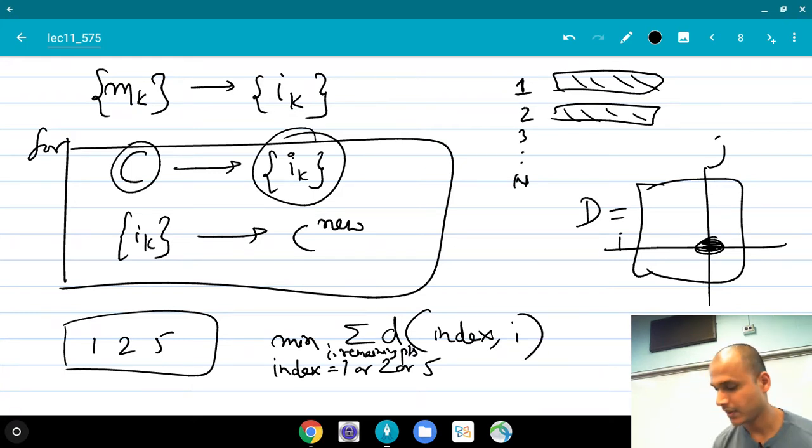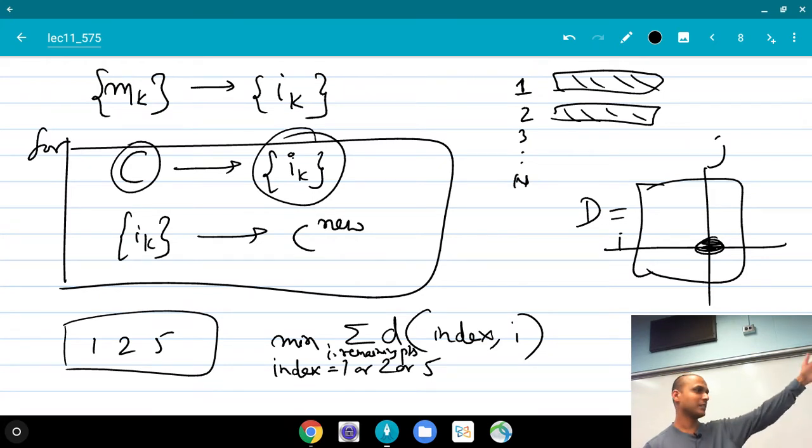So here I only have 3 choices, right? 1 could be the representative index, 2 could be, or 5 could be. If I pick 1, then what is its distance to 2 and 5? There will be some distance, and I can look up in the D matrix and tell you what the total is. Similarly for 2, I can look up the D matrix. They could be different numbers, and pick the number which is the lowest. If you're using a dissimilarity matrix, pick the lowest; if you're using a similarity matrix, just pick the opposite.